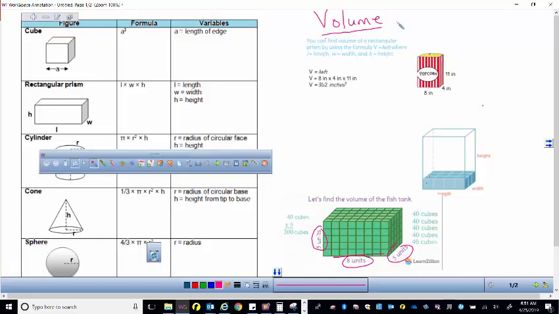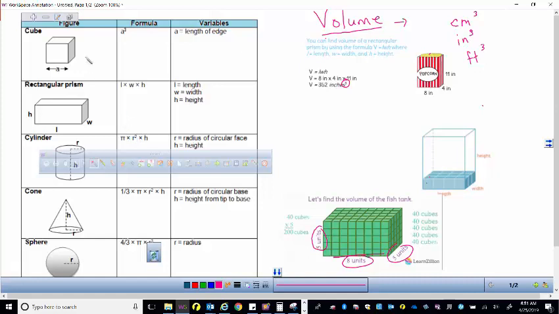So volume is going to have multiplying with 3 numbers because you have to get cubic inches or cubic centimeters. So volume is what goes inside. And when you answer, you're going to have centimeters cubed or inches cubed or feet cubed. So volume is cubed because you are going to multiply 3 things.